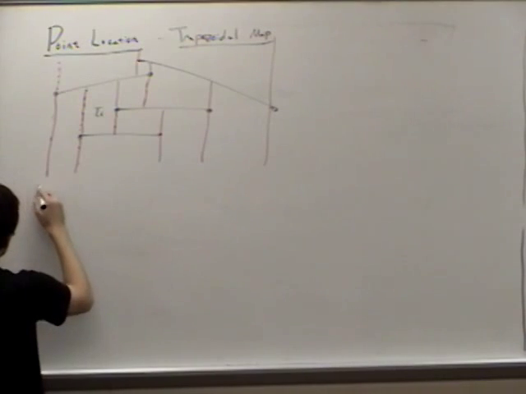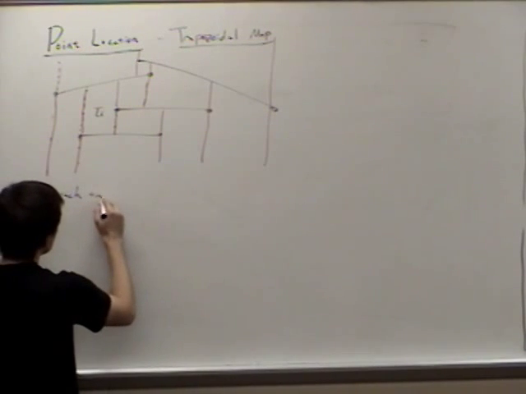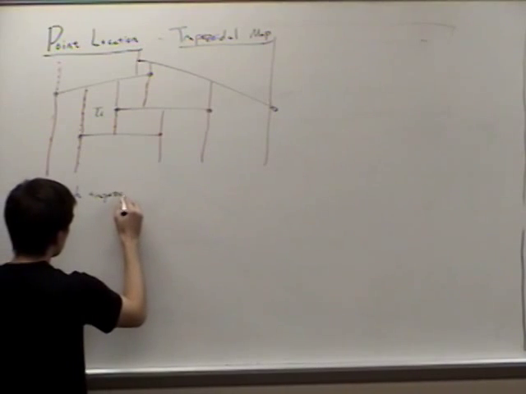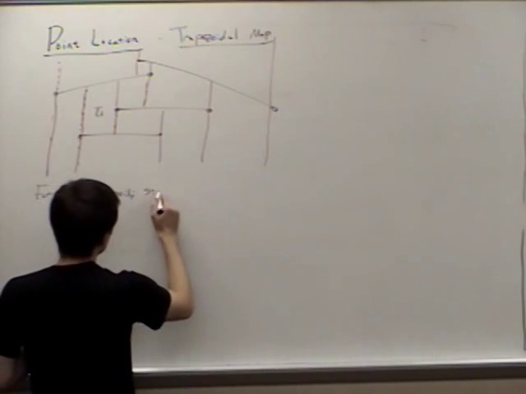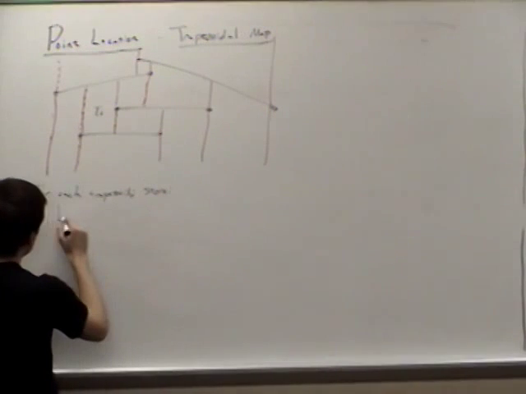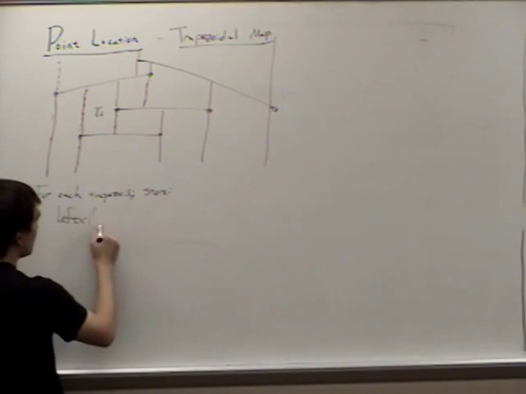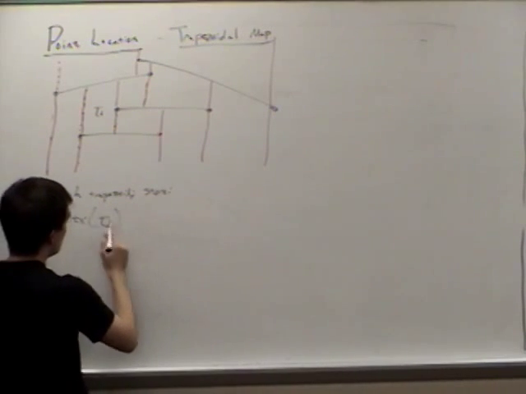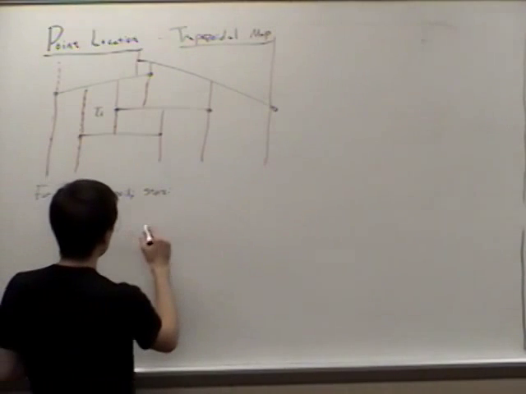For each trapezoid, we're going to store the left coordinate, which is basically the x-coordinate of the left edge.